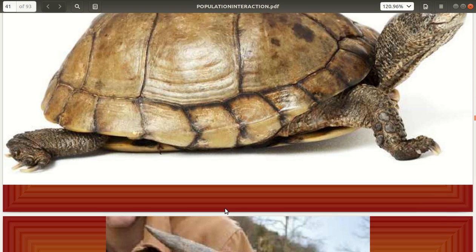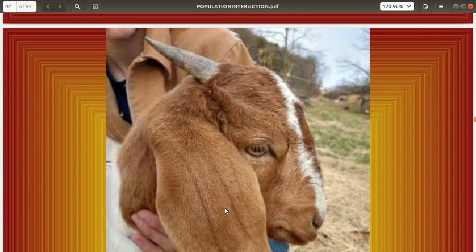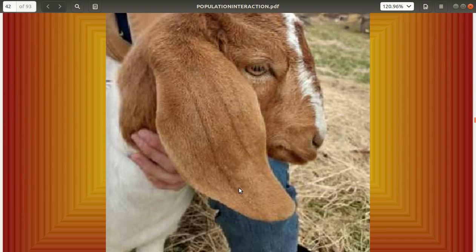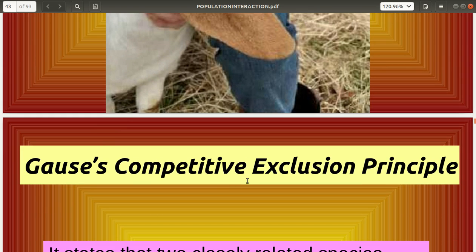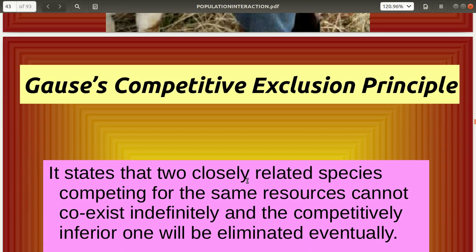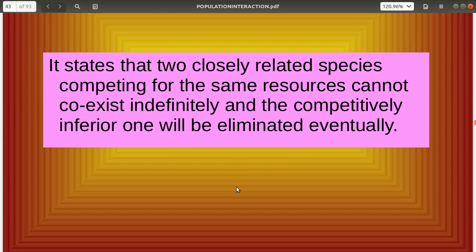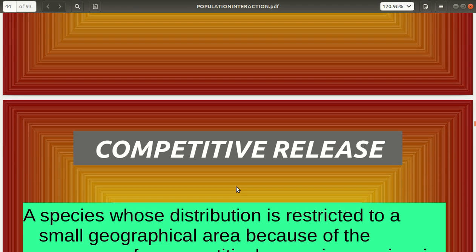The Abingdon tortoise lost its competition with the goat introduced in the Galapagos Islands. The principle states that two closely related species competing for the same resources cannot coexist indefinitely, and the competitively inferior one will eventually be eliminated. That is the statement.